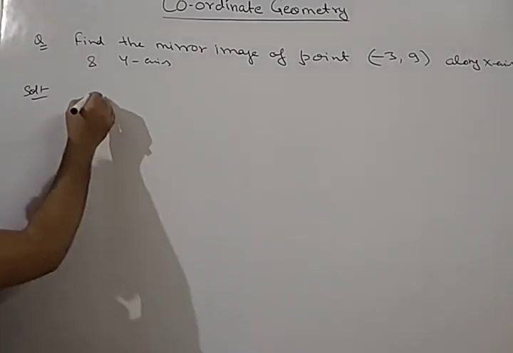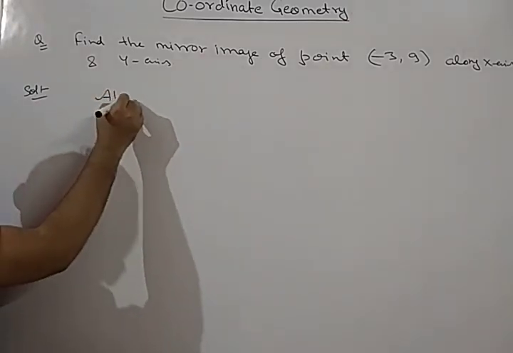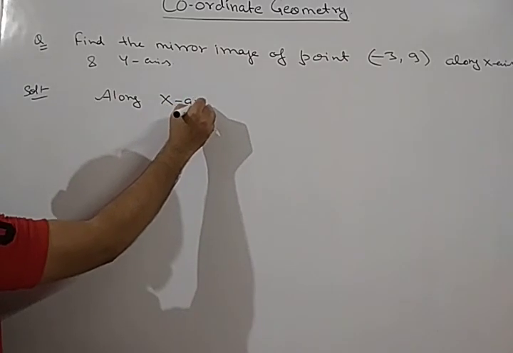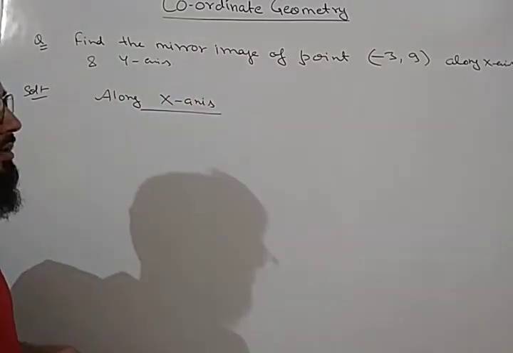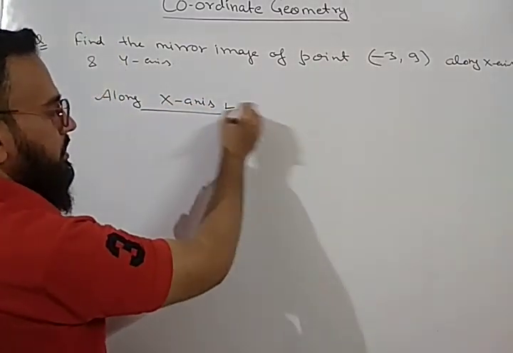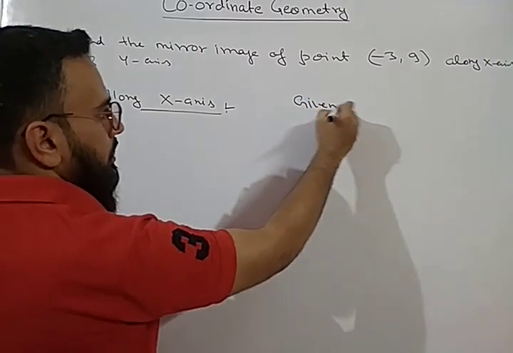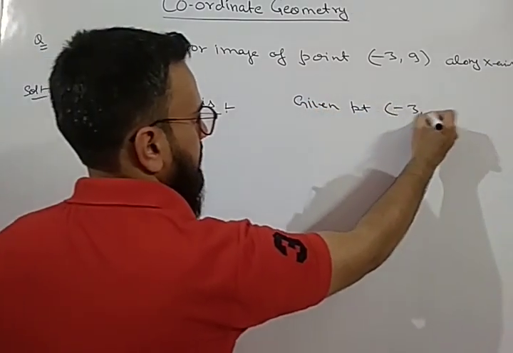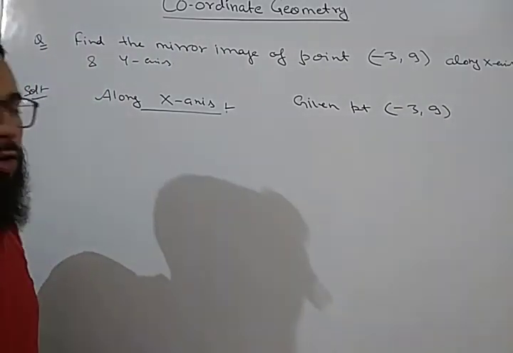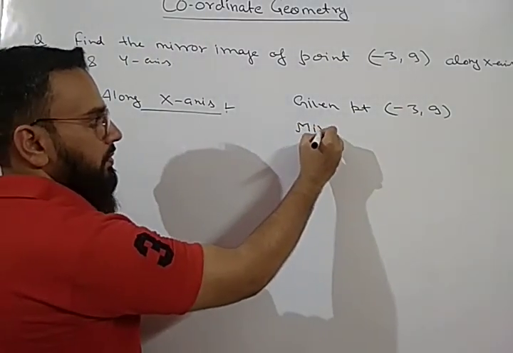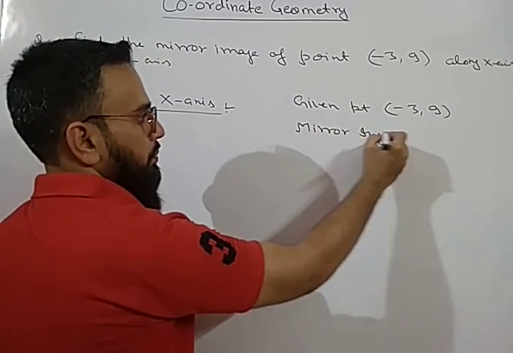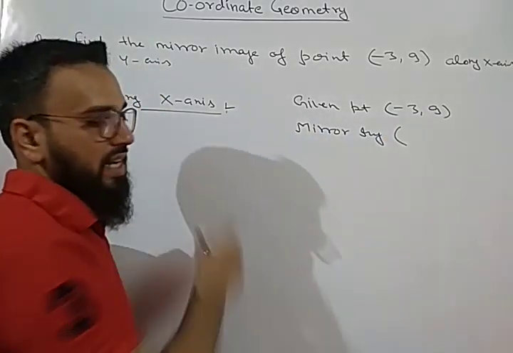So first we are going to find the mirror image along x-axis. The given point is minus 3, 9. Now what will be its mirror image? We are talking about x-axis.